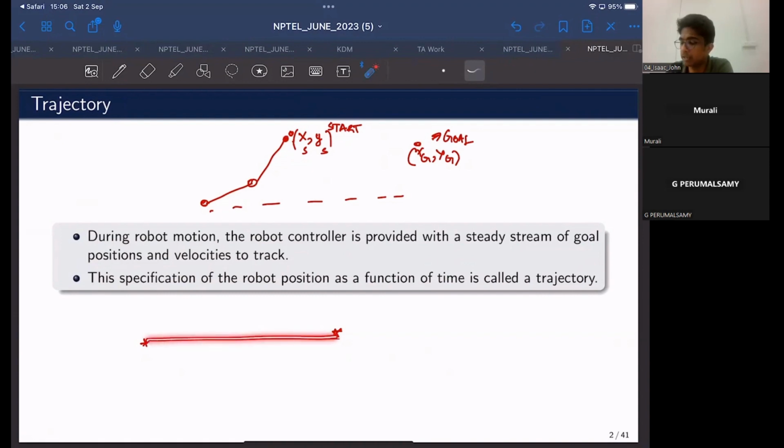It can have a path like this, it can also have a path like this, right? But if the velocities are also specified, it cannot have an infinite number of paths. It can only have one path for a given specification of time.